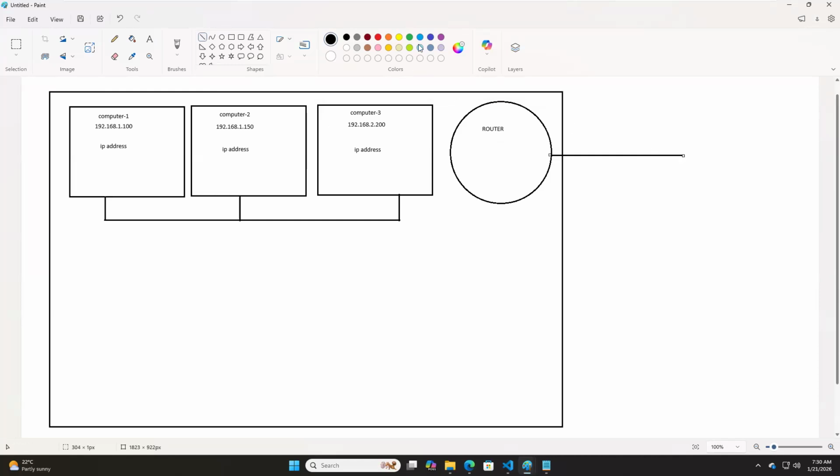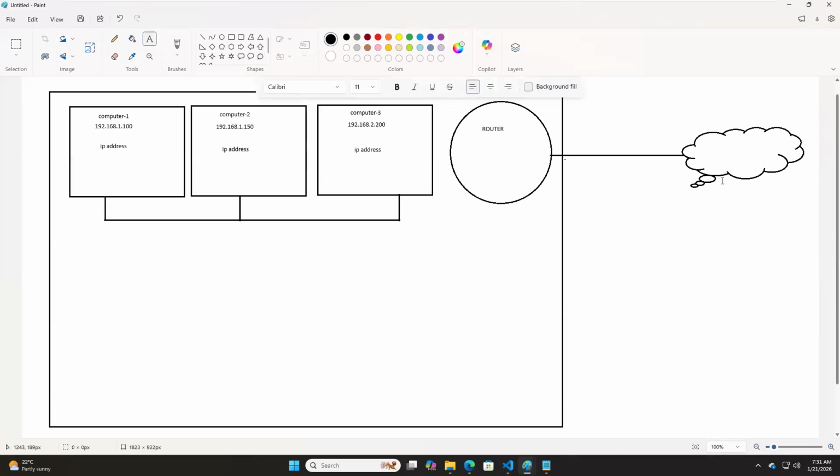Whatever cable is connected to the router will be connected to the internet, and one end will be connected to the WAN port. WAN port, just for your understanding, is the internet port, but there is a different thing: WAN means wide area network. So you will be connected with a public IP.